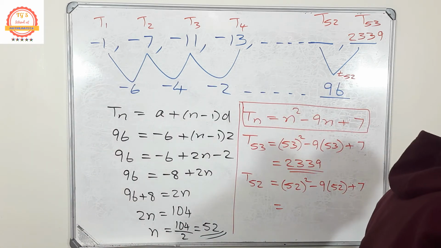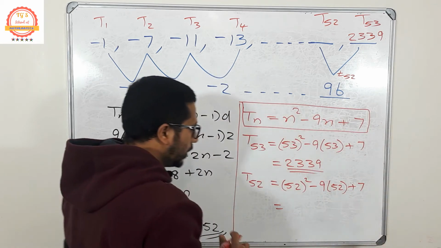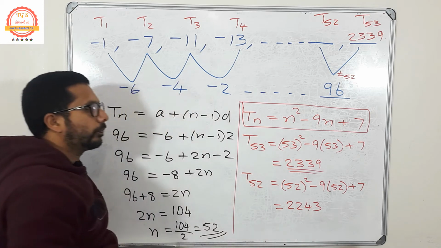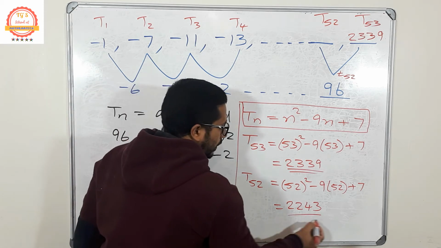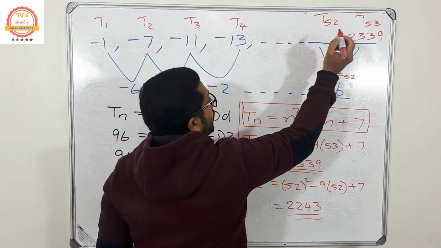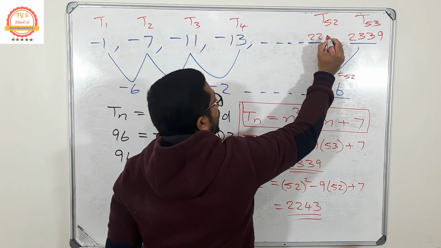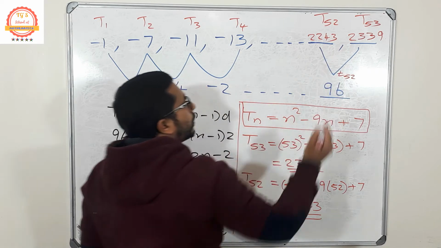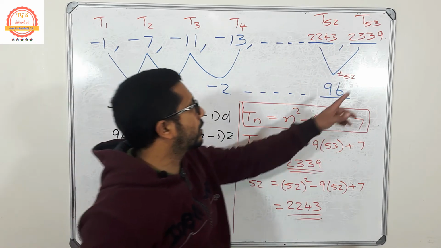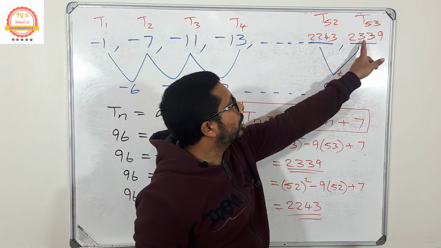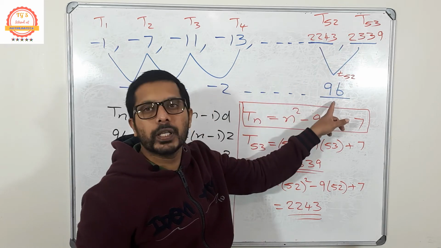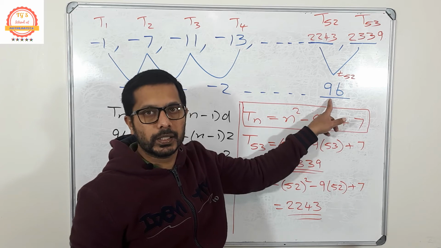The answer in the calculator is 2243. So what is the meaning of that? This 52nd term is 2243. So now try to subtract this: 2339 minus 2243. That means you will get the answer as 96.